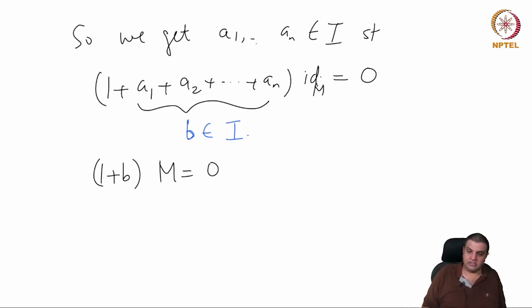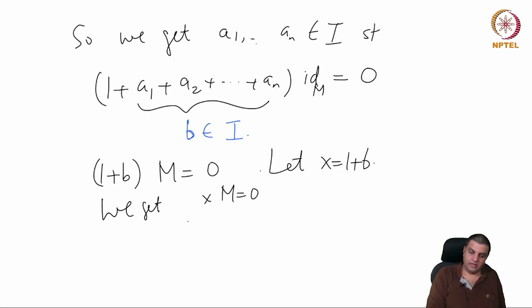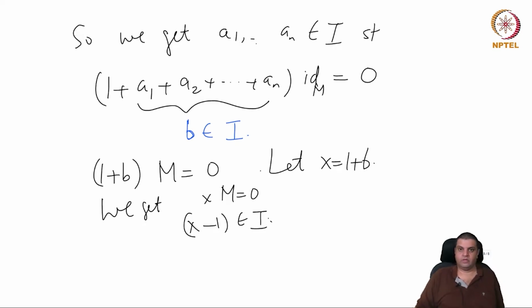Let's define x to be 1 plus B. Therefore we get xM equals 0 and x minus 1 is inside I. So this is what we are asserting.